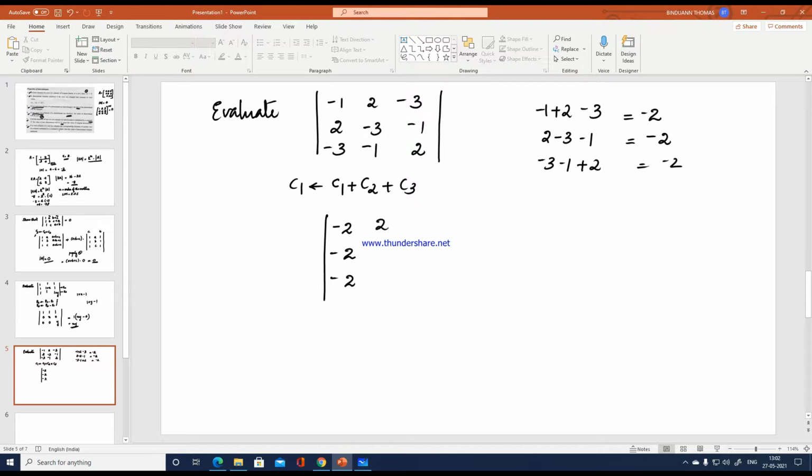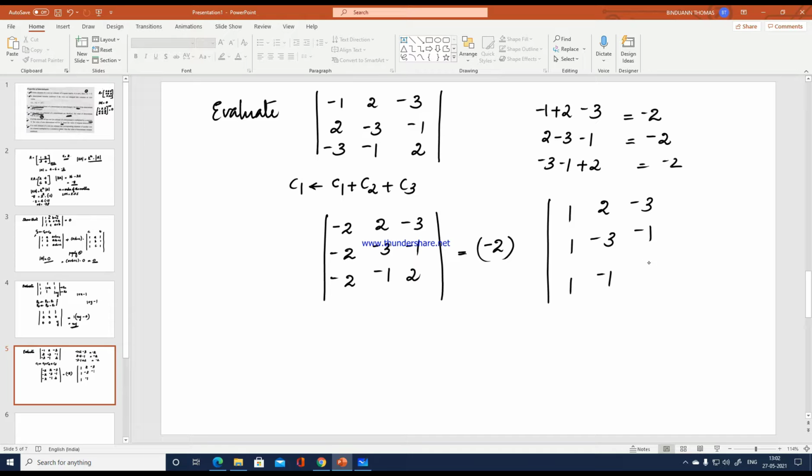Then we write 2, minus 3, minus 1, minus 3, minus 1, 2. Okay, when this occurs, what we can do is, we can take the minus 2 outside and make it 1. So it will be 1, 1, 1; 2, minus 3, minus 1; minus 3, minus 1 and 2.